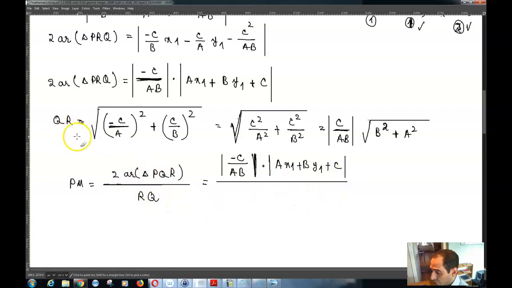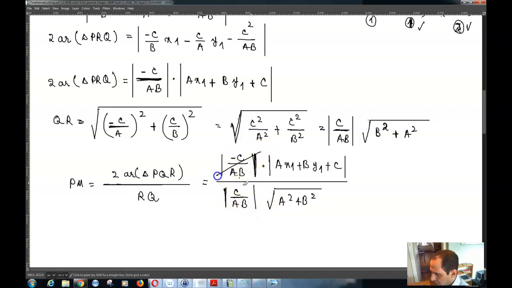over RQ, or QR, which is basically the same value, and that's equal to the absolute value of C over AB times the square root of a squared plus b squared. And of course you can simplify the absolute value of negative c over ab and the absolute value of c over ab.